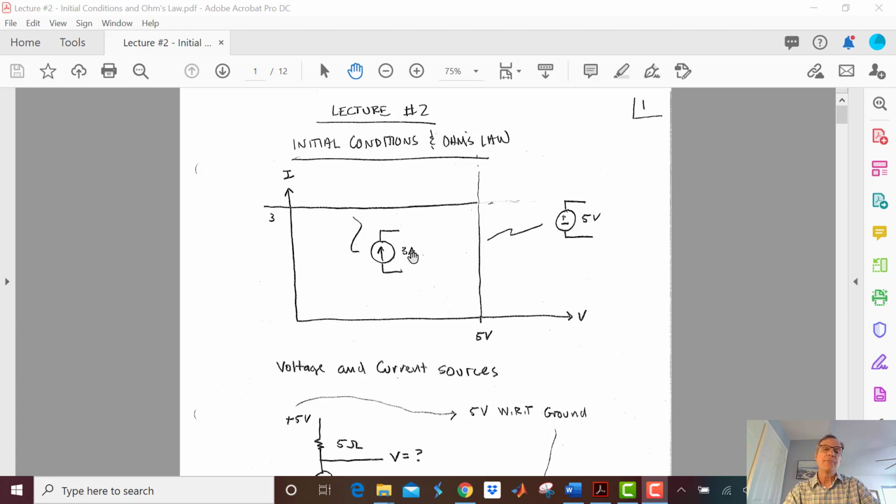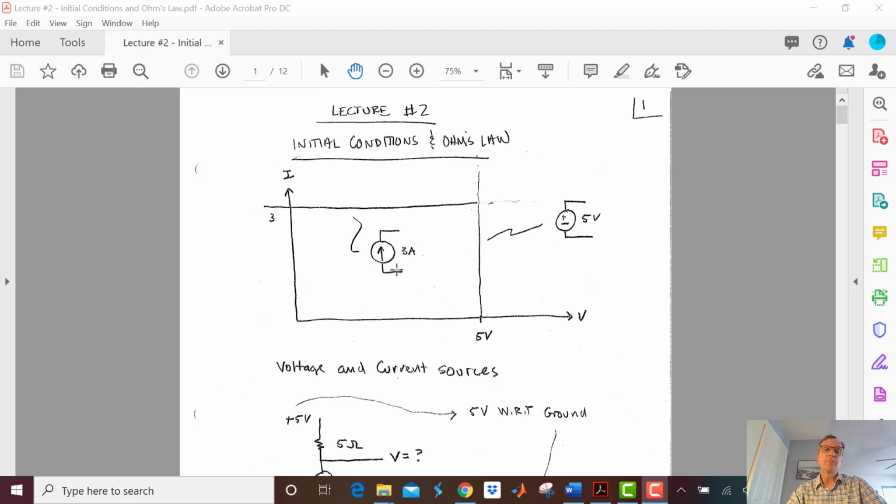And so if I put a 1 ohm resistor on the output of this, I'm going to get 3 volts. If I put 1,000,000 ohms here, I'm going to get 3 million volts. I can do this. And so that's the verbal description of what a current source does.